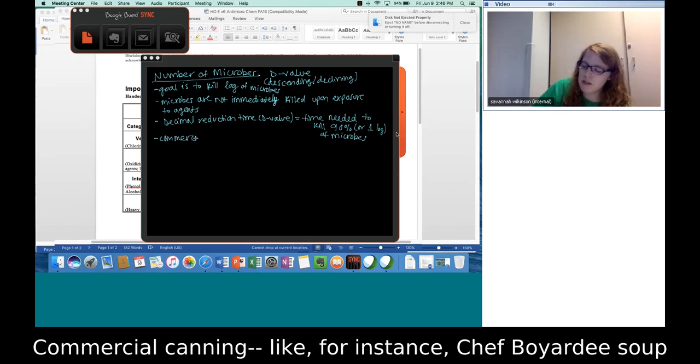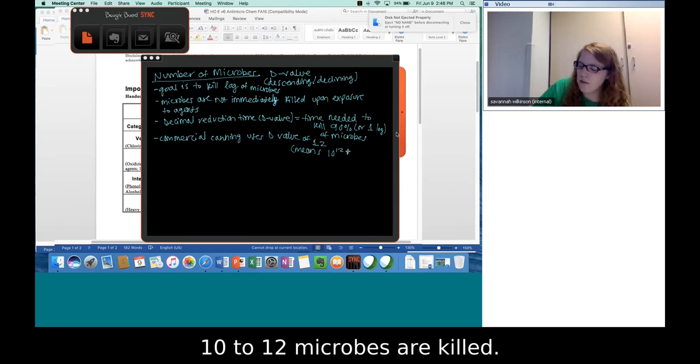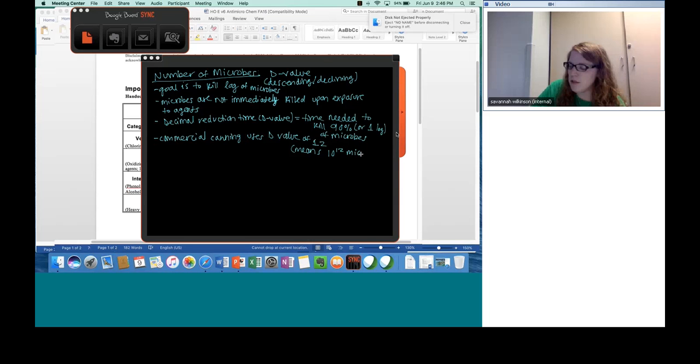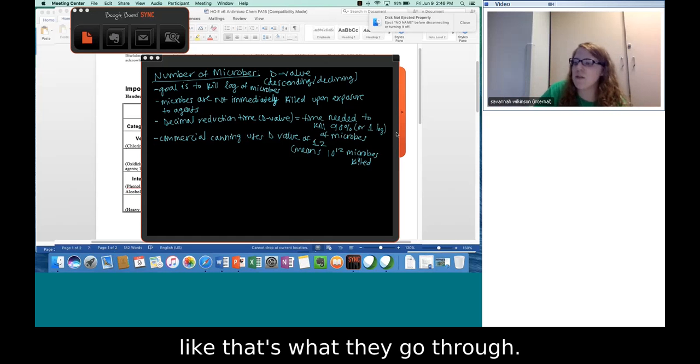Commercial canning, for instance, Chef Boyardee soup uses the D value of 12. So, which means 10 to the 12 microbes are killed. Or like you see any of that canned fruit or other canned foods, that's what they go through.